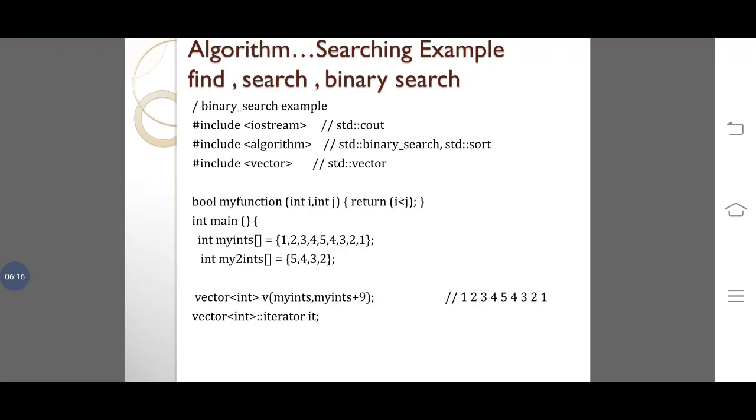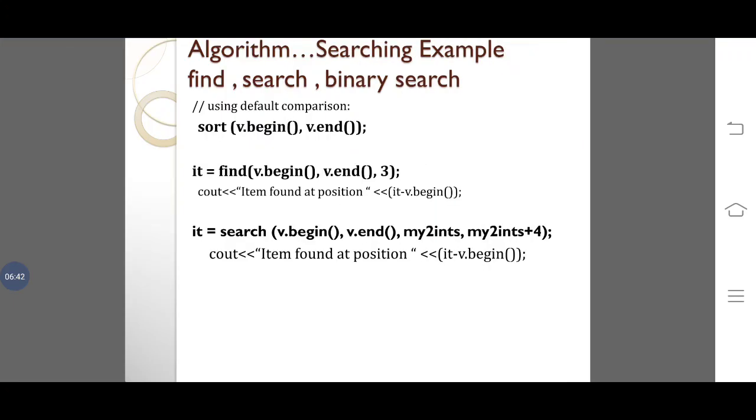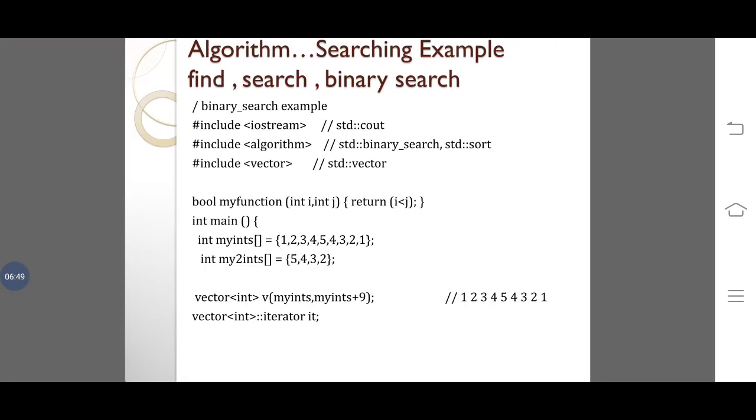Here I have taken two integer arrays, one which is 1 2 3 4 5 4 3 2 1, and next 5 4 3 2. I am taking a vector v which stores all the elements of my integer array, and an iterator to iterate through that vector. Next I have directly used the sort function, v.begin, v.end, meaning inside my vector itself I have these elements 1 2 3 4 5 4 3 2 1.